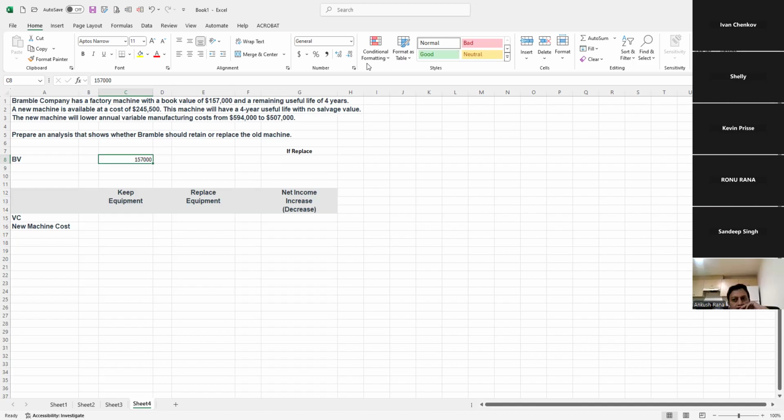How much will be the savings that we're going to generate? Are we going to have an increase in the income or a reduction in the income? Let's see from the income point of view. The cost saving, is it going to give us an increase in income or a reduction of the income? Increase in the income.